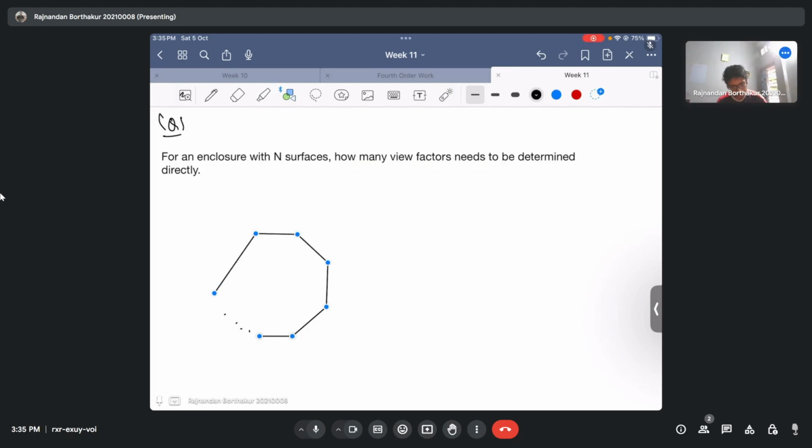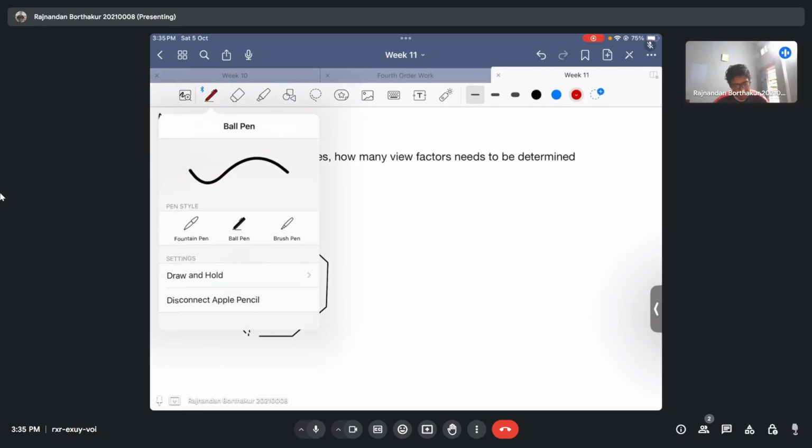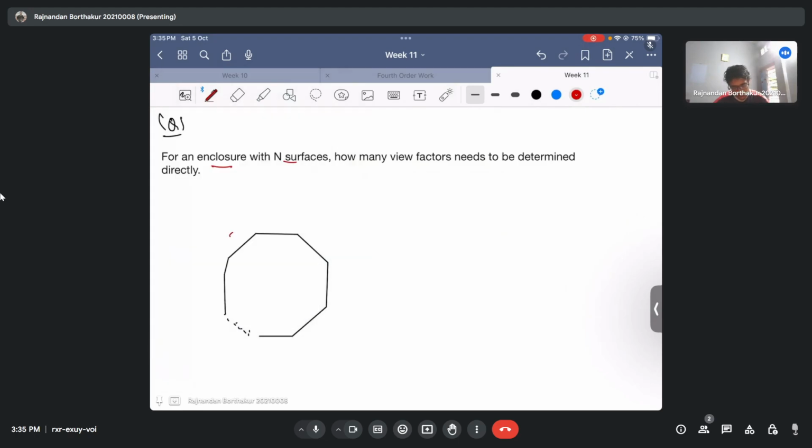So I'll draw some dotted lines; this dotted line means that there could be n number of surfaces in between. If I name this surface as 1, this surface as 2, this surface as 3, and so on, you can determine all these surfaces up to the nth surface, which is this n.